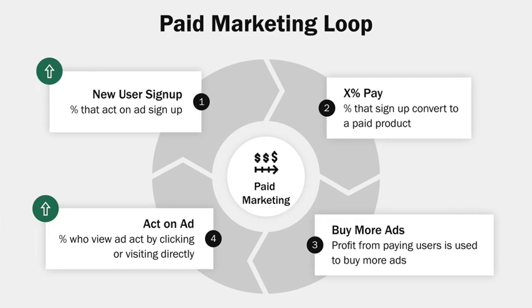We are then going to see a higher percentage of people sign up because of those brands, and a higher percentage of people convert to paying customers because of those brands. All of those things equate to getting more capital out of those ads and being able to reinvest more capital into buying more ads, accelerating, repeating the steps of the loops over time.